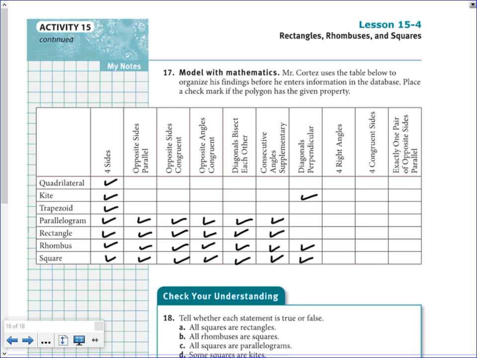Looking at 4 right angles, that's only the rectangle and the square. 4 congruent sides, that's only the rhombus and the square. And so the last one is exactly one pair of opposite sides that are parallel, and that is the trapezoid. So that's the properties that they were hoping you would get out of that.